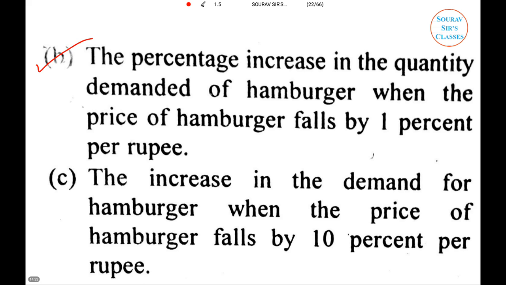That is the percentage increase in quantity demanded of hamburger when the price of hamburger falls by 1% per rupee. Why is this so? Because the price elasticity of demand for hamburger is the percentage increase in quantity demanded of hamburger when the price of hamburger falls by 1% per rupee.